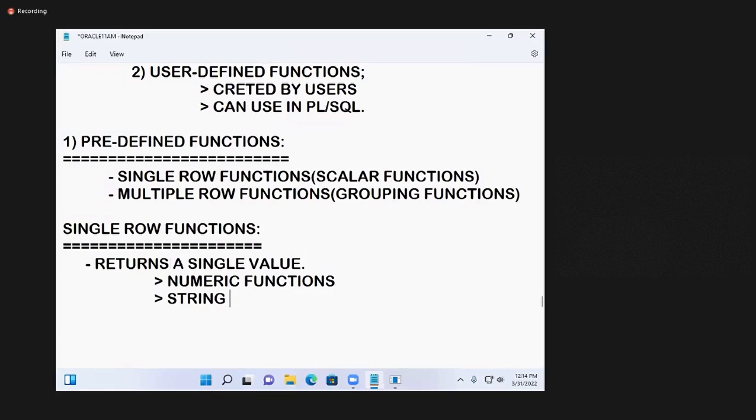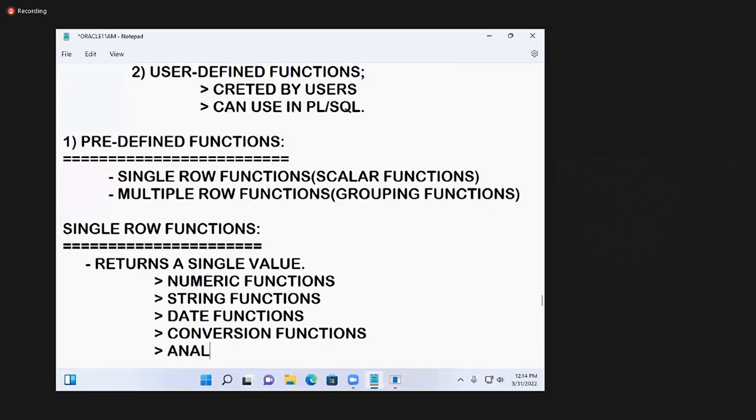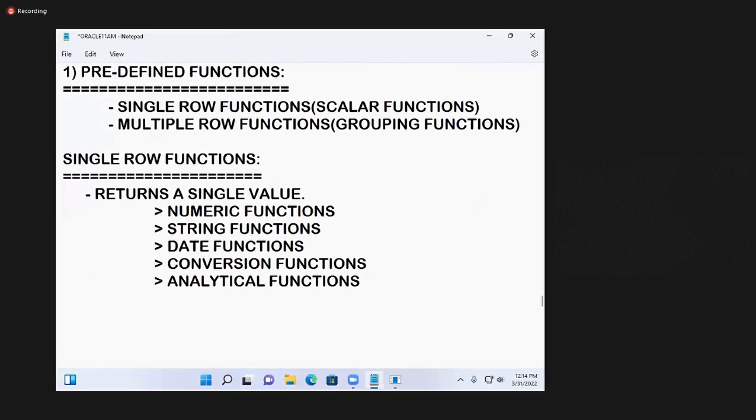The second one is string functions. The third one is date functions. The fourth one is conversion functions. And the fifth one is analytical functions. So numeric, string, date, conversion, and analytical.